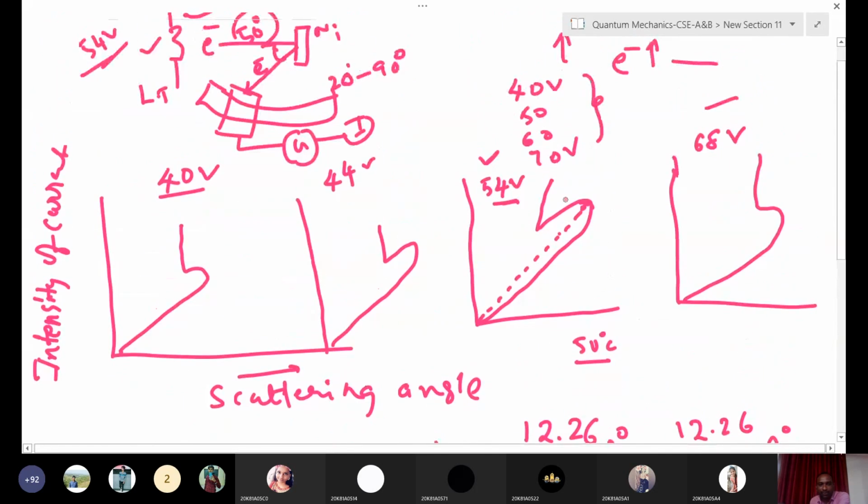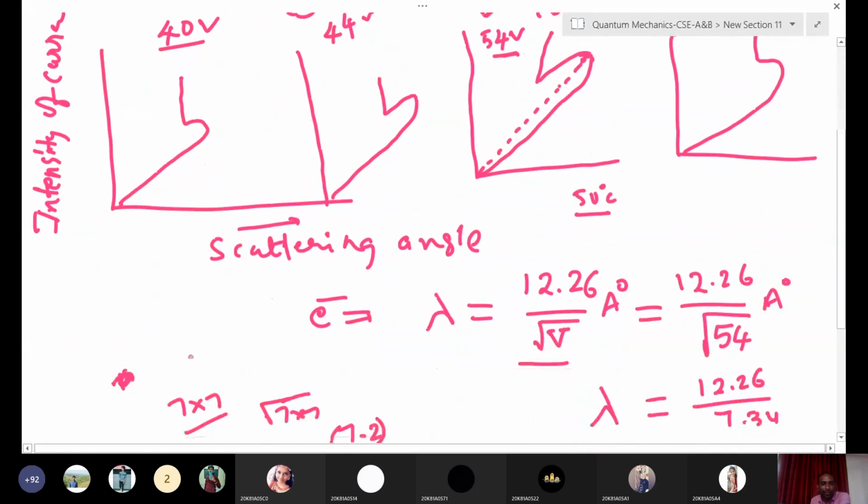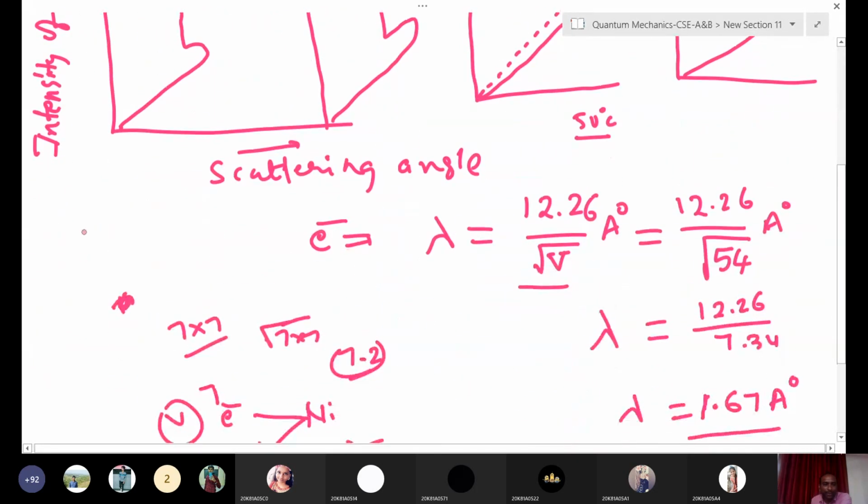If it is difficult to understand these graphs, I will draw one more graph. Here the axis is the scattering angle, and this is the number of electrons. We are measuring the number of electrons as a function of angle.